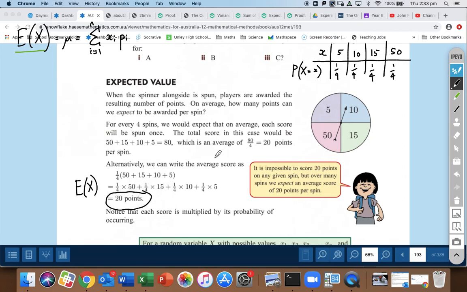It means that on average, if I kept spinning this over and over and over, I would expect those values to average out to be 20. You can see in this speech bubble, you're not actually going to get 20 on any spin, but we would expect the average to equal 20, right?